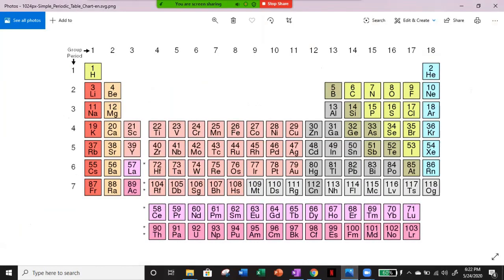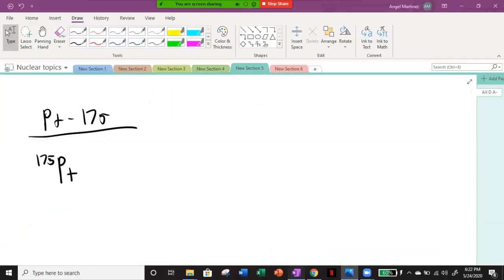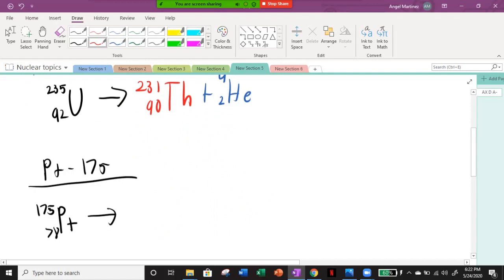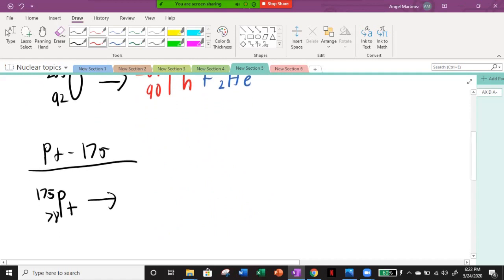We look for that, and it's going to be 78. Then we do the same thing as last time: subtract 4 on the top and 2 on the bottom. So it'll be 171, 76.